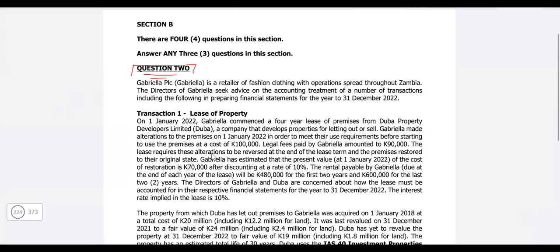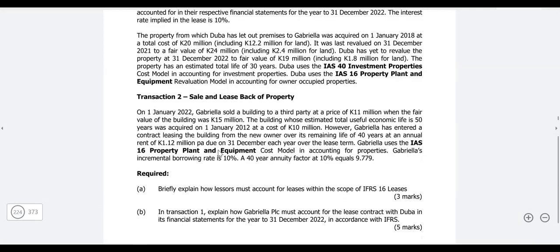And as we know that this is from the standard, so let's see the requirement first. It says briefly explain how lessors must account for the leases within the scope of IFRS 16 Leases. Now, for 3 marks, this is the straightforward treatment.